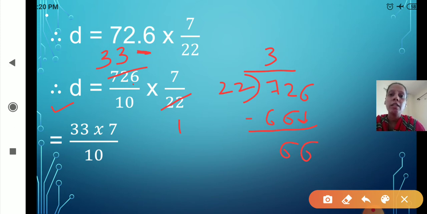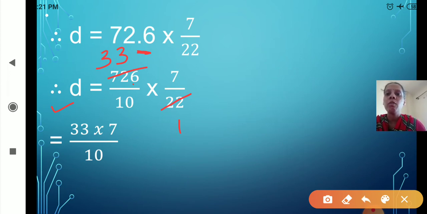Again you can divide this 66 by 22, that is 22 threes are 66. So the answer is 0 0 and this is 33. Because of this I have written it here. As you can see, when we cancel 726 by 22, you will get the answer 33, right?